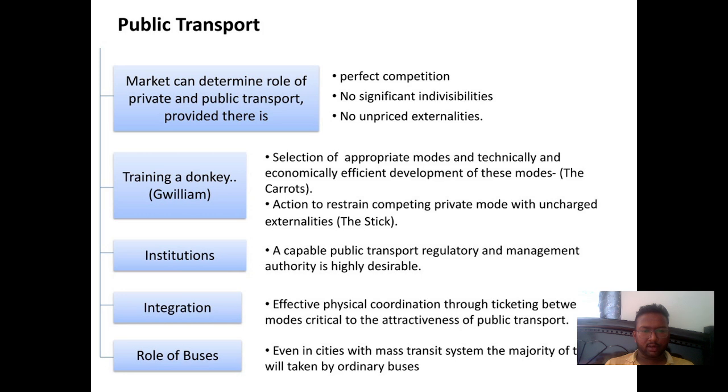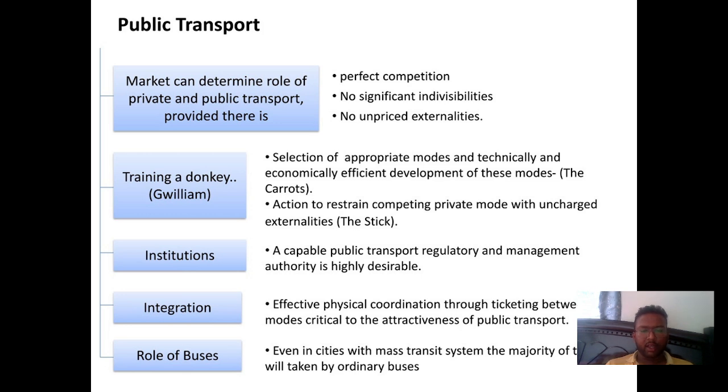Action to restrain competing private modes with uncharged externalities is the stick. Institutions: a capable public transport regulatory and management authority is highly desirable. Integration: effective physical coordination through ticketing between modes is critical to the attractiveness of public transport.